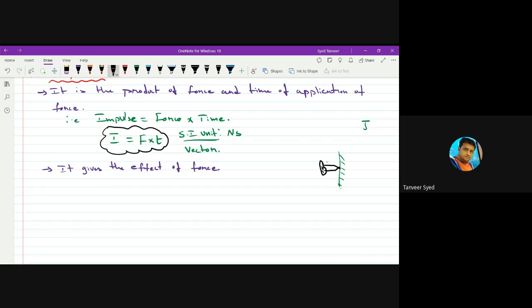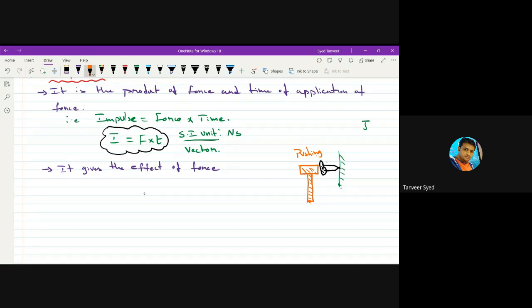I use a hammer. Let us say I am not hitting the nail, but I am pushing the hammer against the nail.